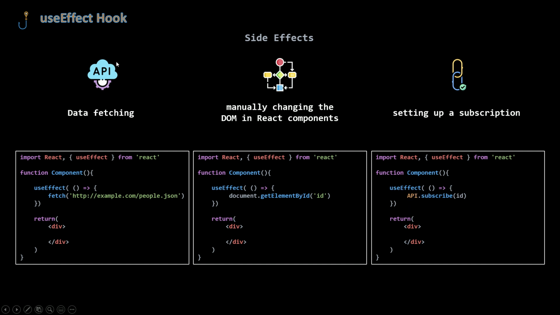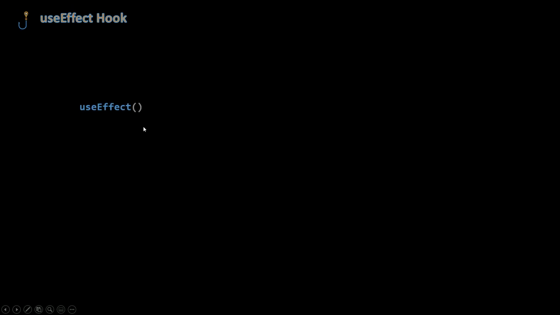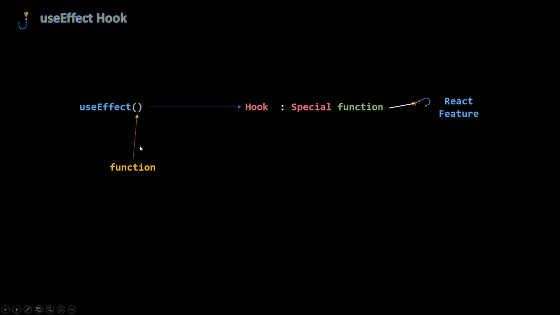So let's talk about our useEffect hook. So the useEffect hook here is just a special function. So a hook is just a special function that will hook you into some React feature. So the useEffect hook will take in as a parameter a function, and we call this function an effect.